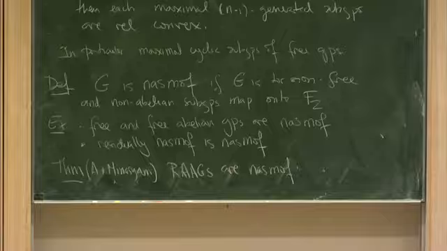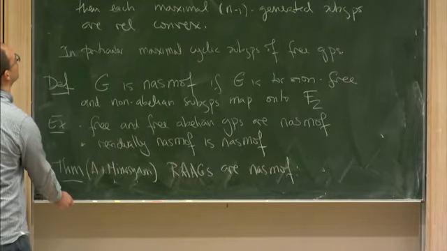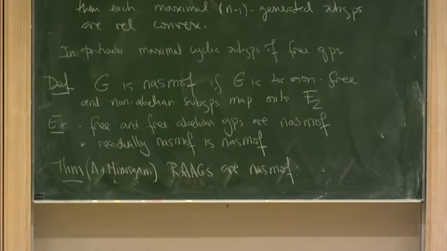And in the paper we call it the strongest alternative. I mean, every non-abelian subgroup maps onto F2 is like the strongest possibility that you can have.